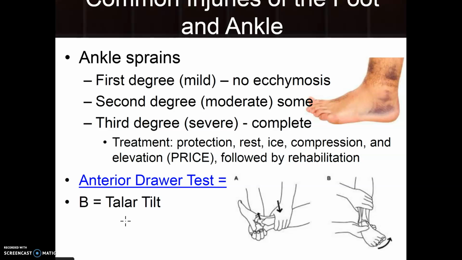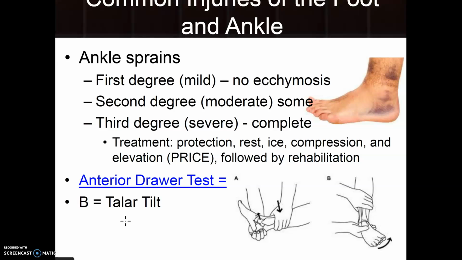Initially, you're not going to see ecchymosis right away, so you really wouldn't be able to understand how much of that tissue has been disrupted. Ecchymosis is a sign of bleeding in the tissue, so there was enough force, traction or compression to tear the blood vessels associated with either the ligaments, the bones, or the muscles surrounding that area.